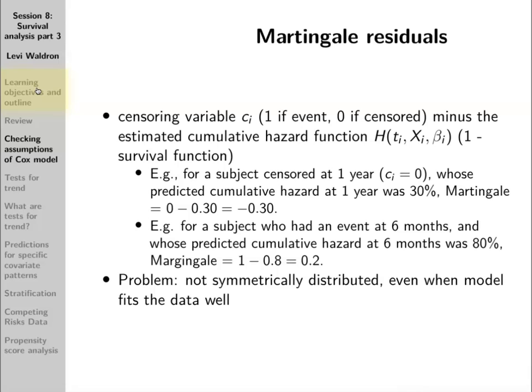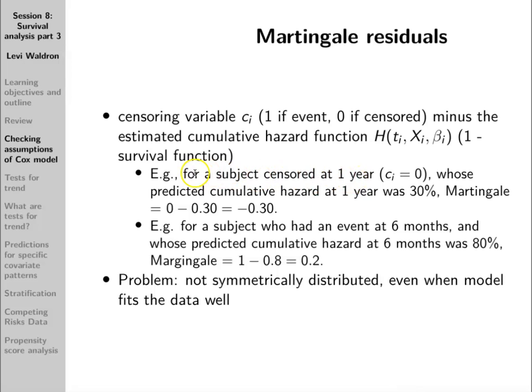All right, so the first kind of residuals, the martingale residuals, these are sort of the most simple residuals to think about, although they end up having some problems. So all this is the censoring variable, that is 1 if it's an event, 0 if it's censored, minus the estimated cumulative hazard function, that is 1 minus the survival function.